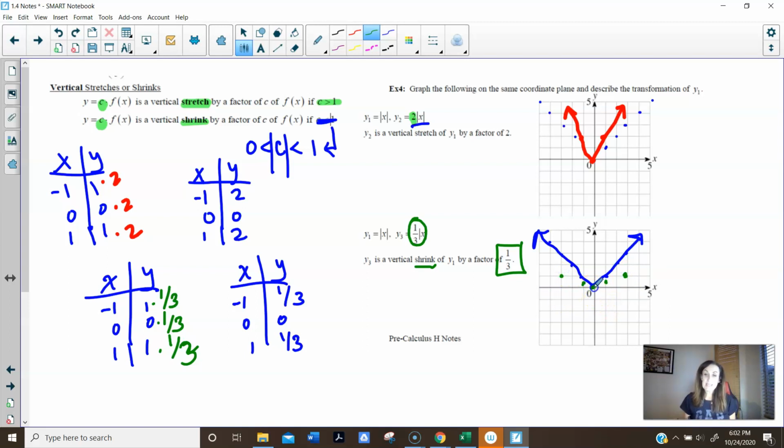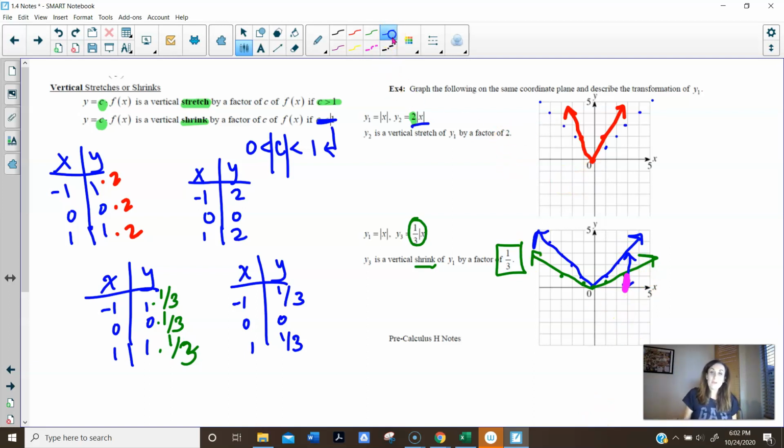And so you can see that this graph vertically is a lot shorter. When we're talking about vertical, here's the original vertical, and here is the new vertical. So you can see that this is a vertical shrink, all right?